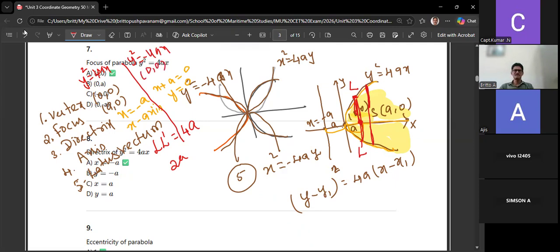Then the focus: see, the focus is always inside the parabola, it should not be outside. Since the parabola y squared equal to 4ax opens like this, the focus should be here.